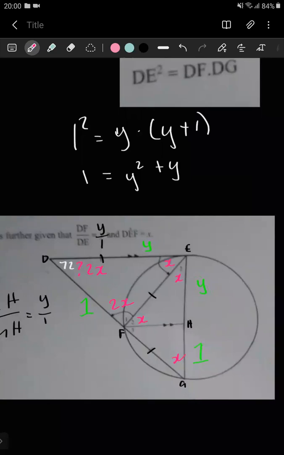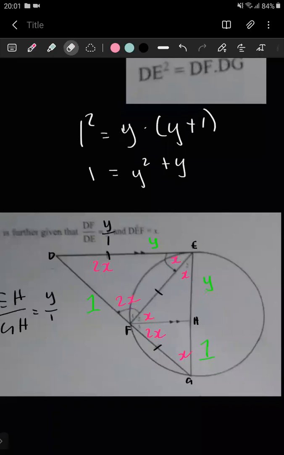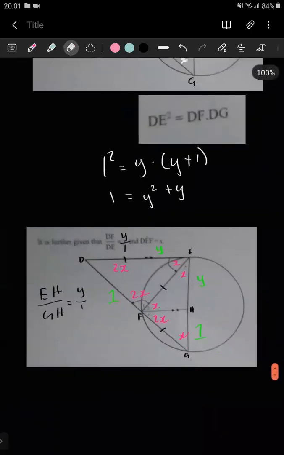And if this is 2X there, here this is going to be 2X because of corresponding angles. So yeah, it's a lot to deal with. It looks like if we get a value for X, we'll be good to go. So that's kind of tricky.